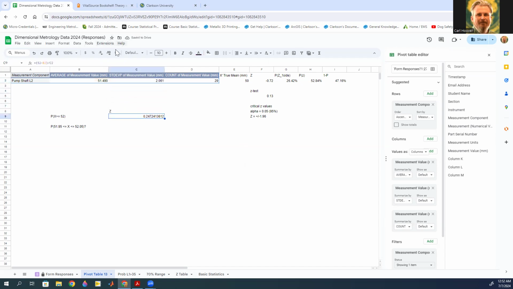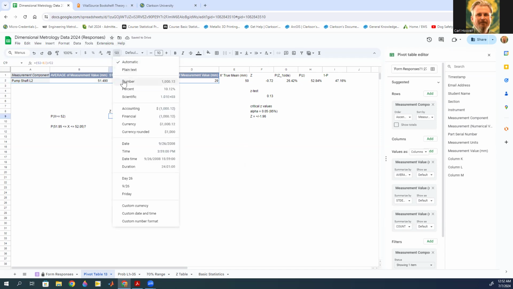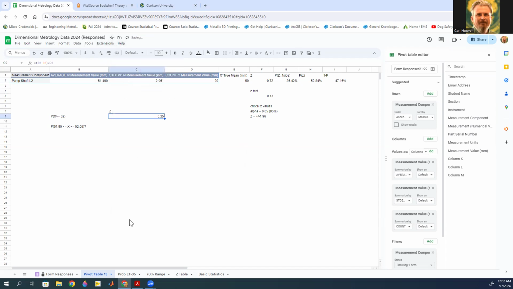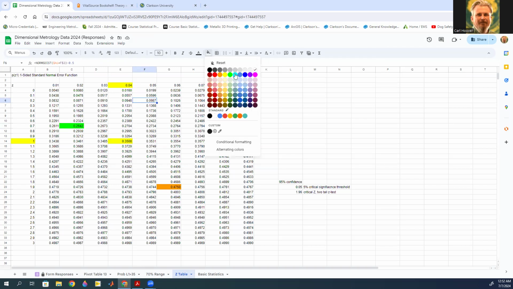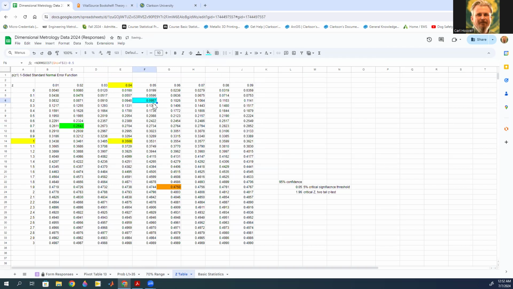And so we get 0.247, 0.25. Come over here, and we see 0.25, it's this guy right here. That is a probability one-sided of 0.0987.